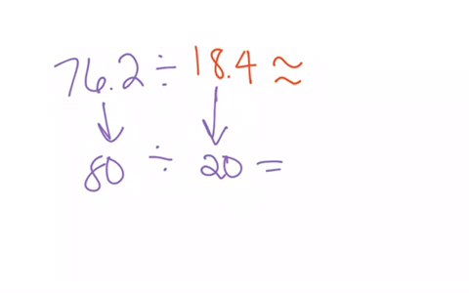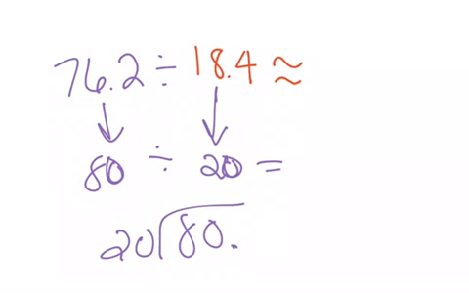I think you can, because if 8 divided by 2 is 4, and we have a 0 on the end of each number, 80 divided by 20 is going to give us 4. So the estimation there would be 4. Okay, again, a lot of you are thinking 76.2 doesn't round up to 80, but it's close to 80. It's closer to 80 than it is to 70, just like 18.4 is closer to 20 than it would be to 15 in this case.